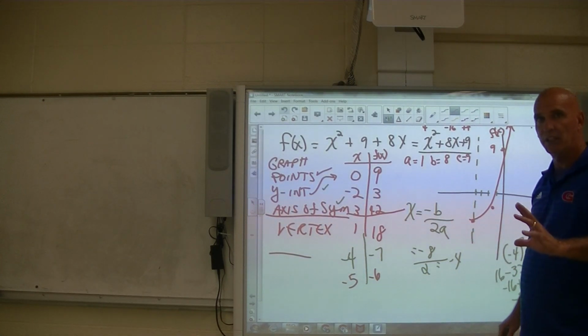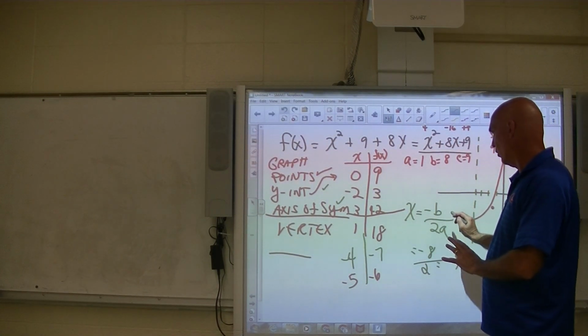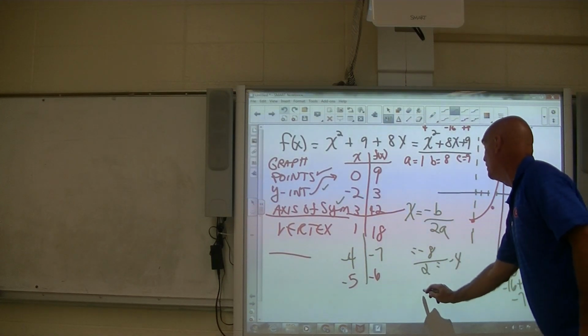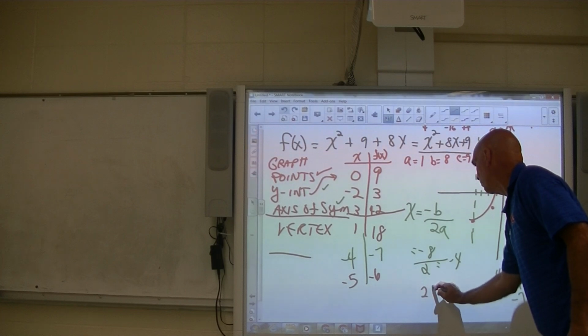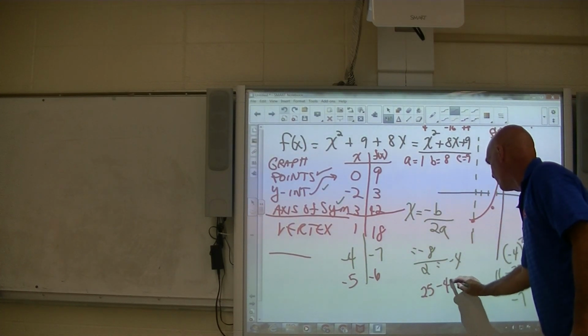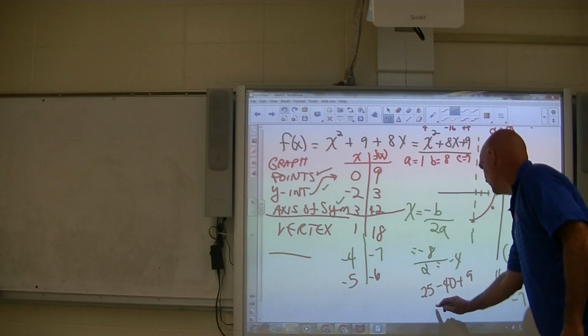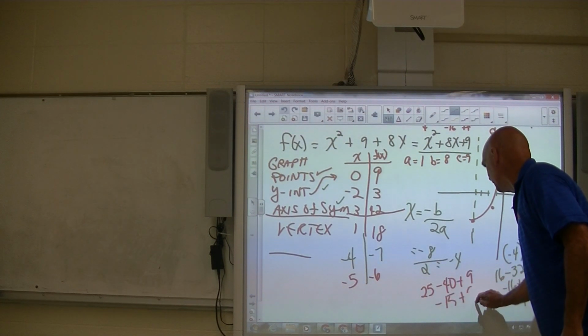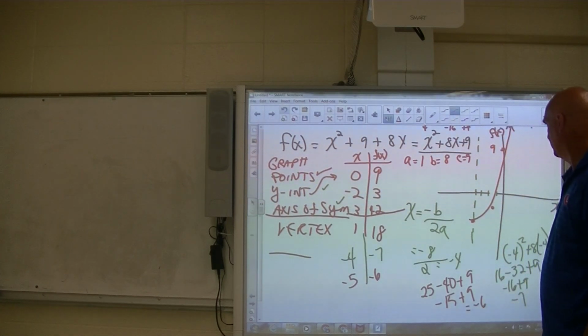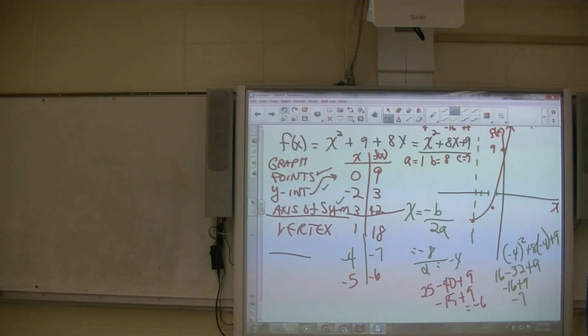Okay, one thing when you're doing this: if it doesn't come out where it looks right, see if you can figure out why it's wrong. Let me do this again in slow motion. -5 squared is positive 25. -5 times 8 is -40. And then plus 9, so that's -15 plus 9 is -6. -6, all right.